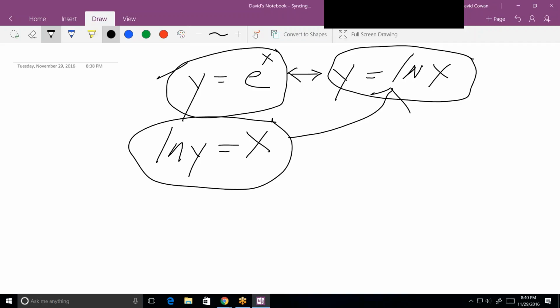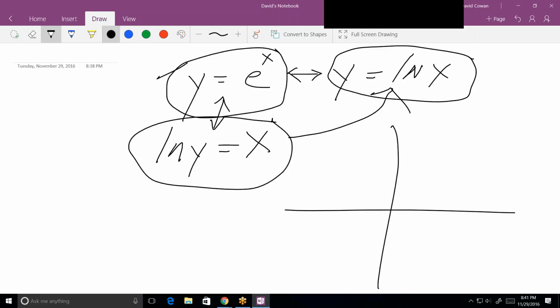Okay. So it's very important to distinguish. In other words, every exponential expression has an equivalent logarithmic expression, but also every exponential expression has an inverse that involves a log.